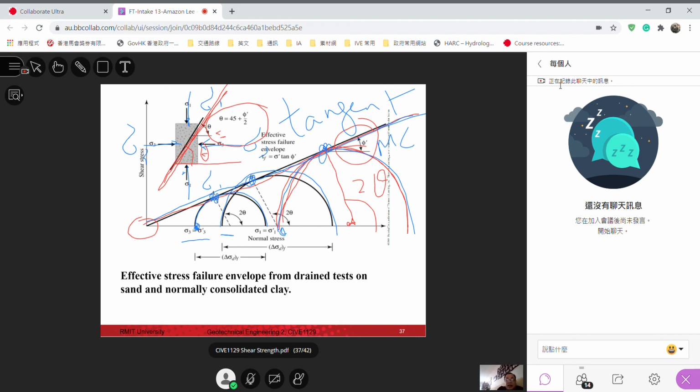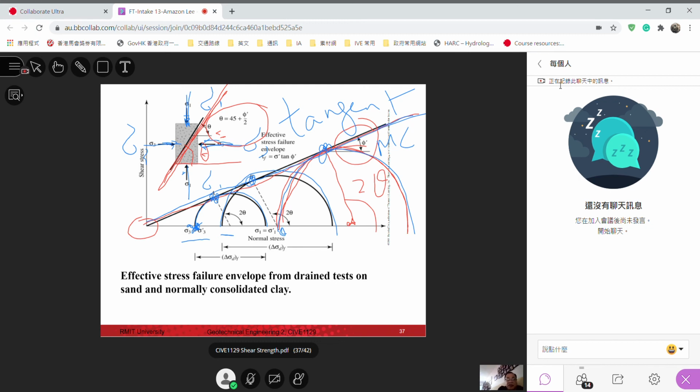But after that, we keep sigma 3, the confining pressure, constant.